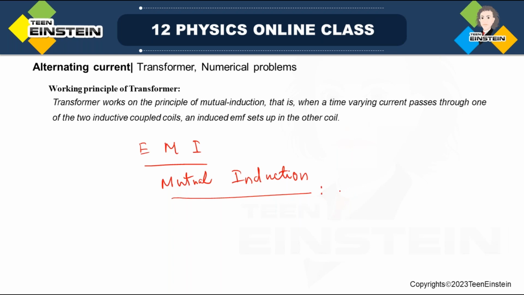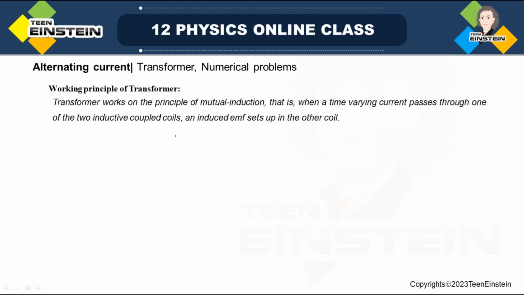So the working principle of a transformer is mutual induction. The transformer works on the principle of mutual induction. So there must be two coils in the transformer also. In one coil we will be passing alternating current, and EMF will be induced in the other coil.